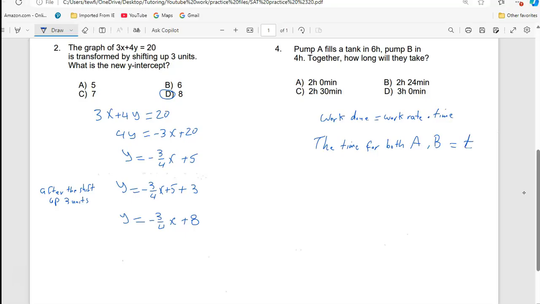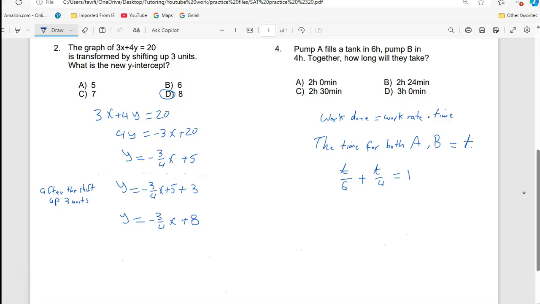So the part of the job from pump A in t hours will be t over 6, and from pump B it will be t over 4. If we add them together, that will be the complete job, equal to 1. So we're going to work with this equation.